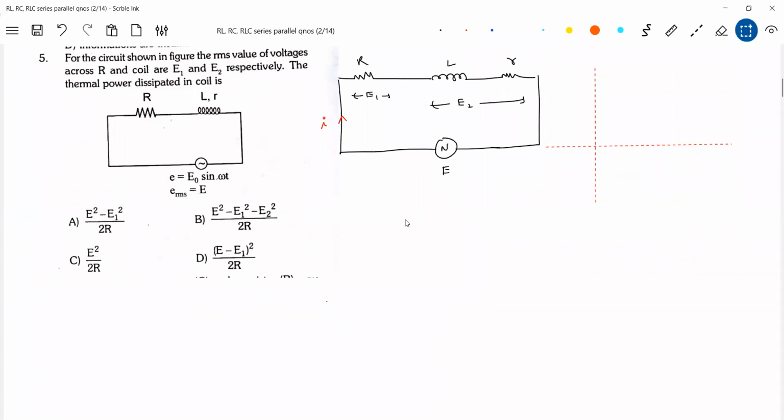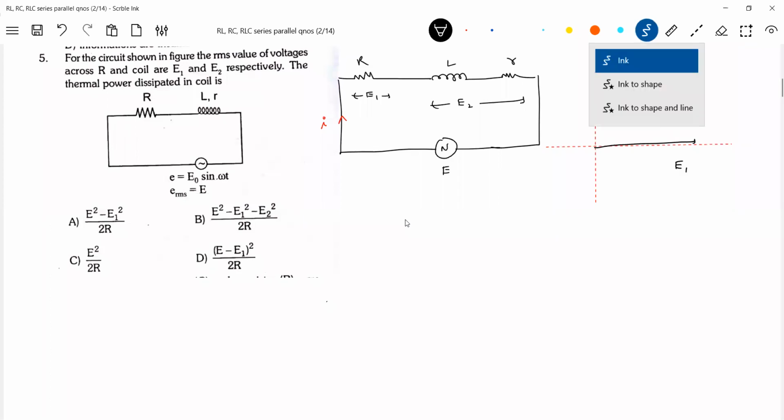What is the phase angle of E? E we don't know. But at least I'm very sure that E1 and I will be in phase. So let me take this as E1. What about E2? How should E2 be?